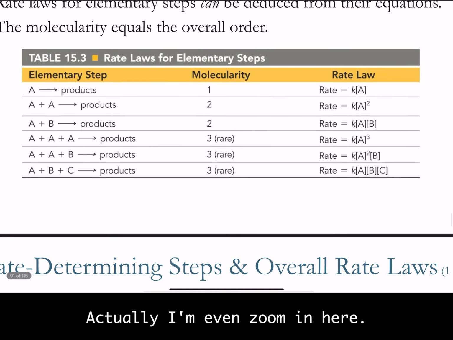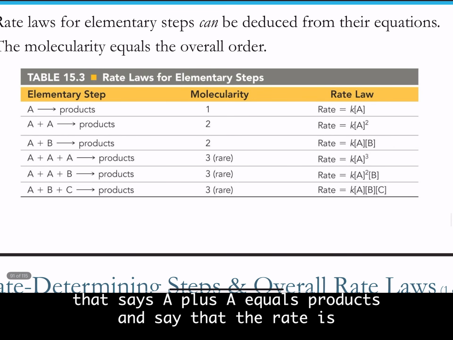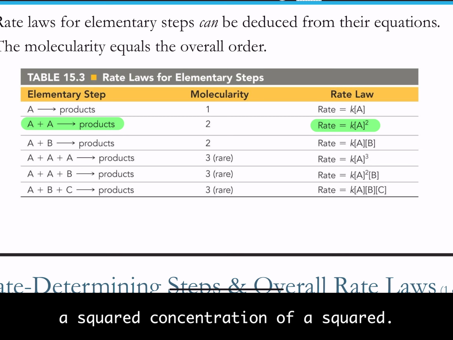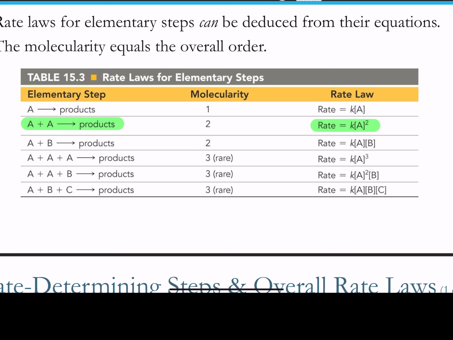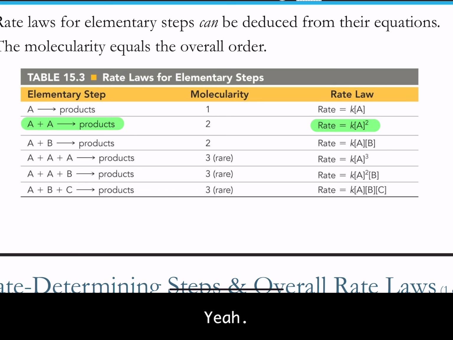Actually, let me even zoom in here. So if we just look at this one, why can I look at a reaction that says A plus A equals products and say that the rate is the concentration of A squared? But I can't do that for an overall. Because for the overall, there might be intermediate steps that aren't being taken into account. Yeah. The overall is a black box.